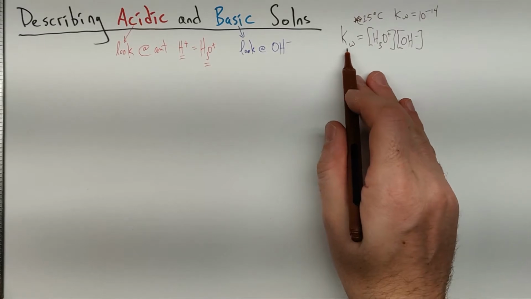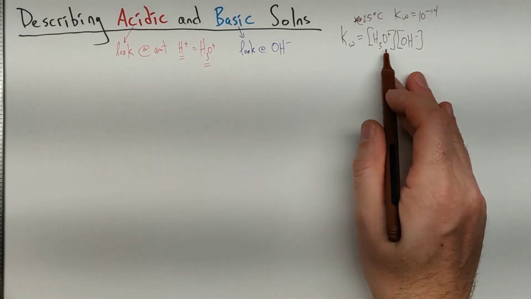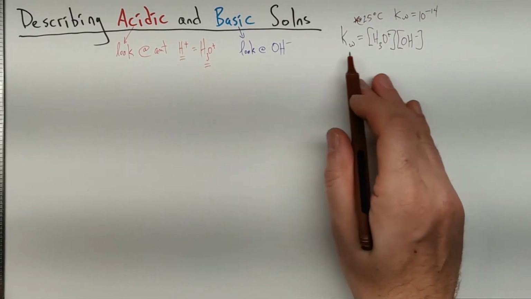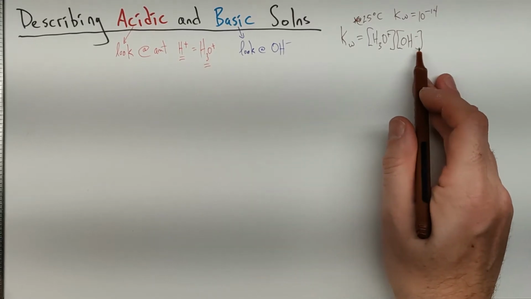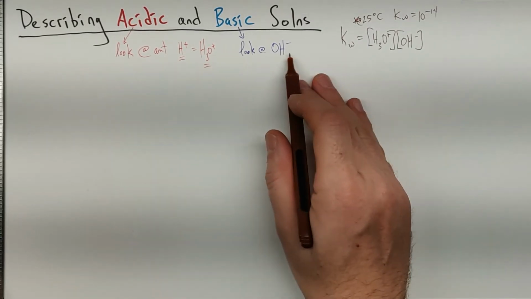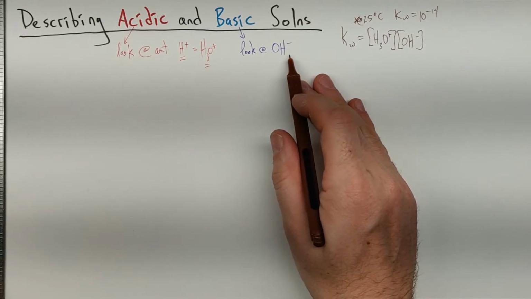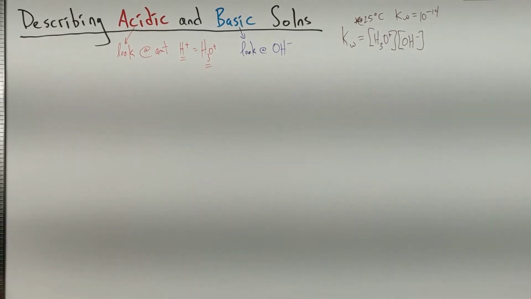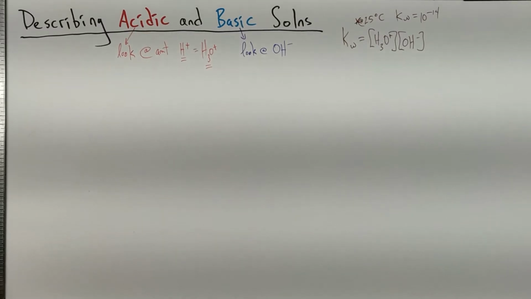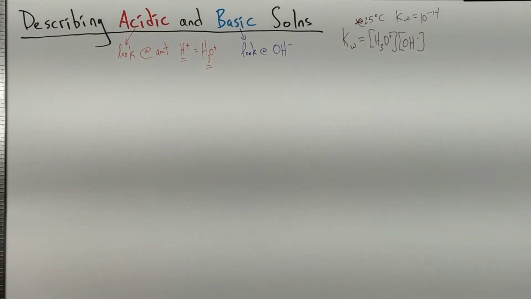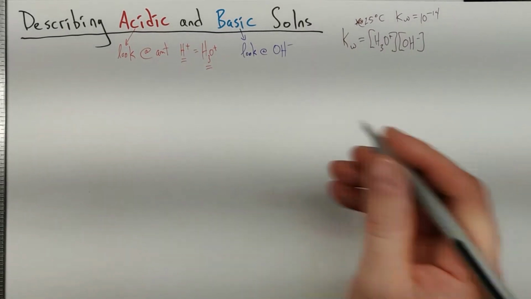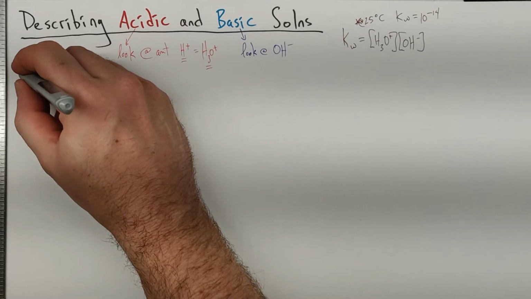Now, if you know Kw, and you know either H3O plus or OH minus, you know both of them, because you can just rearrange this equation. So we can use either the OH or the H plus to describe our solution. With this understanding in place, the question comes up: why don't we just describe our solution by the concentration of H3O plus and by the concentration of OH minus?